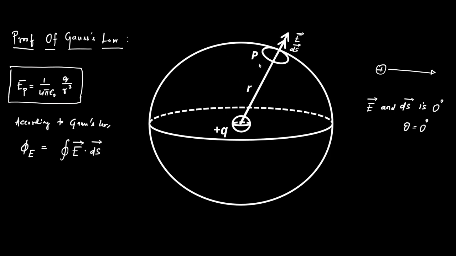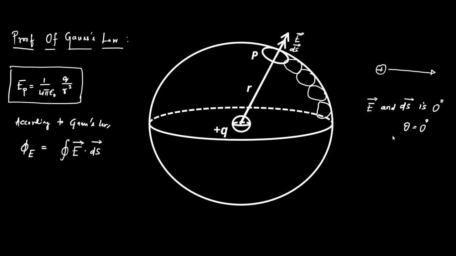Like this, we take very small areas everywhere. Here we take a small area, then here a small area. Like that, we cover the whole surface by taking small areas and integrating them together, closed surface integral.